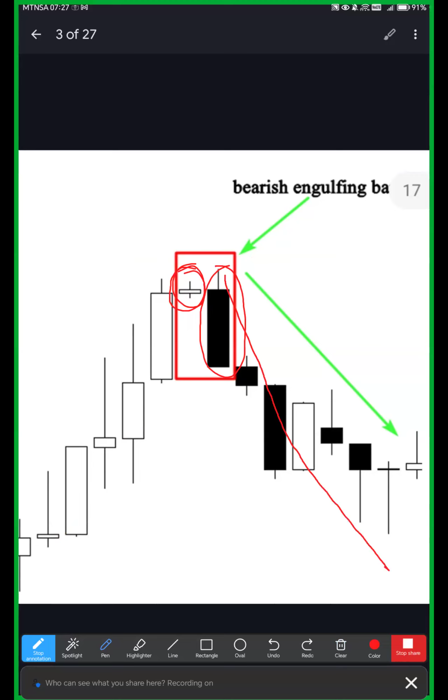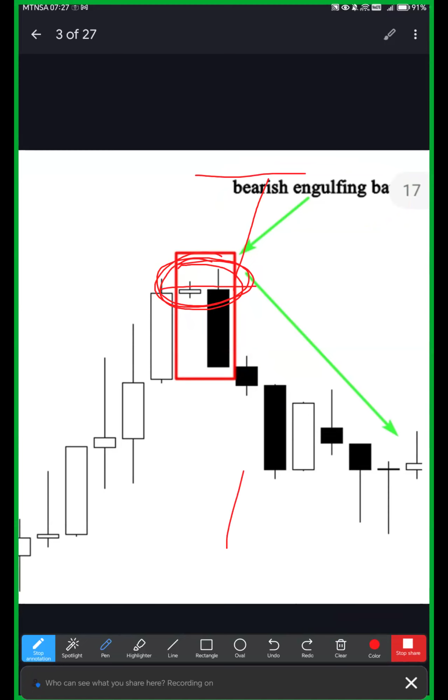So this is the significance of a bearish engulfing bar. It signifies market reversal to the downside. So if you see this, I don't think you can come and enter here. When you see this type of formation happening, I don't think you can come and join here so that you are able to take your profit somewhere there.